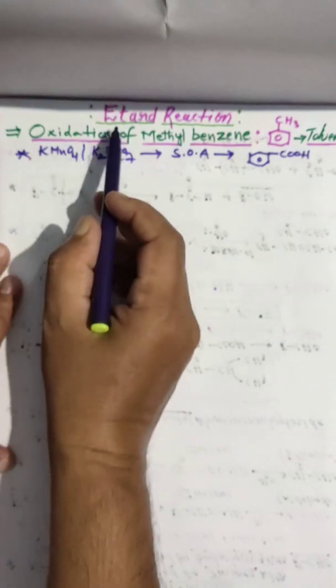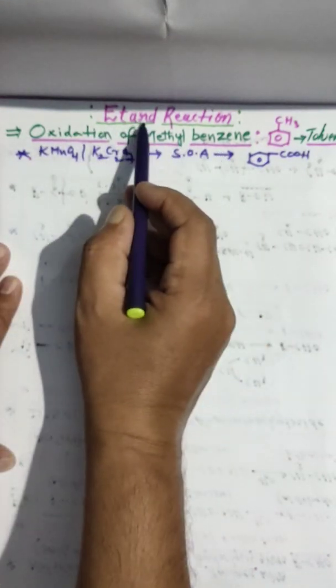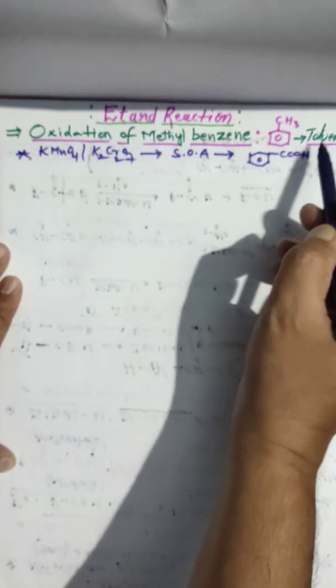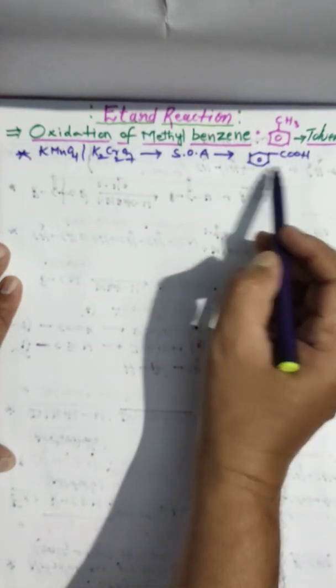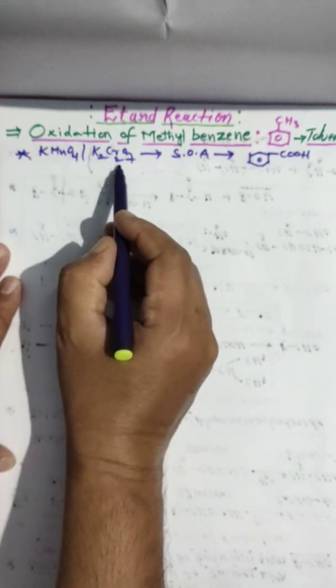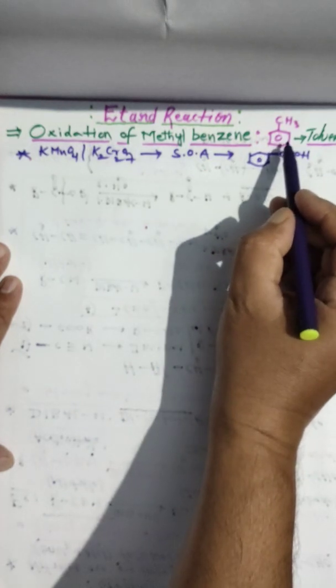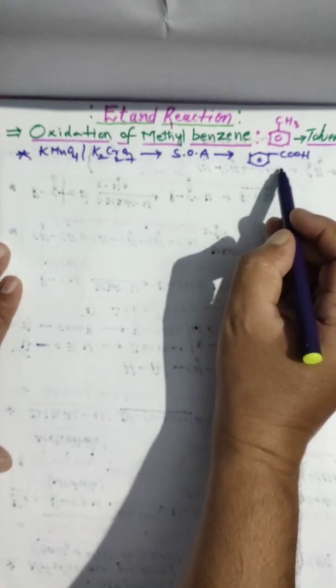But in the Étard reaction we are doing oxidation of methyl benzene to benzaldehyde, not benzoic acid. So KMnO4 and K2Cr2O7 can't give benzaldehyde; they give benzoic acid.